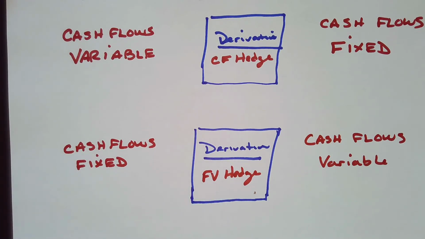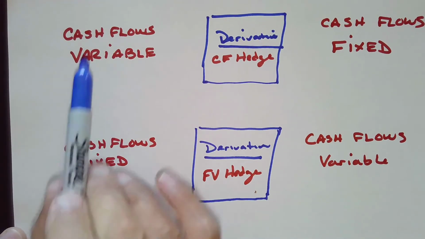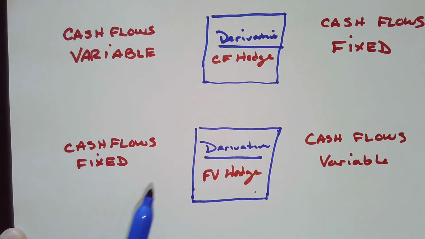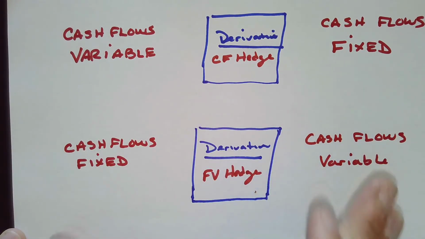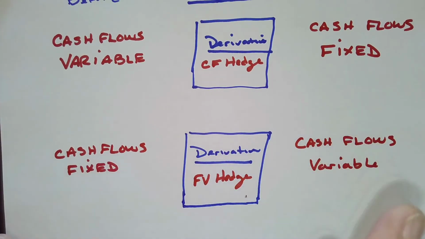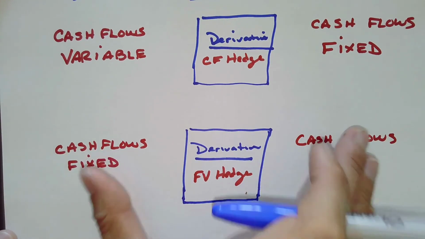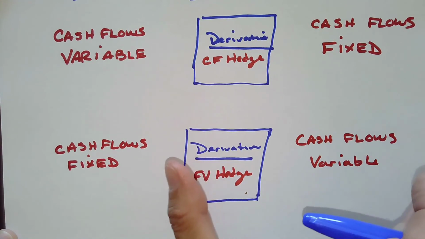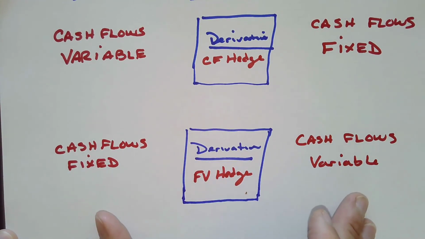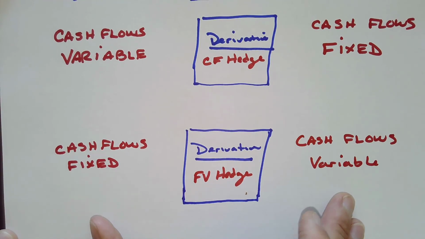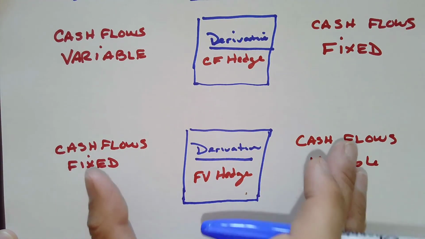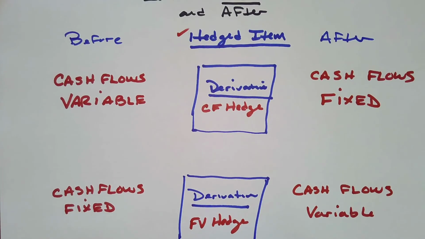Those are easy to see, because it doesn't matter what the cash flows are before and after. I'm trying to identify net assets being hedged by some kind of derivative. Or, in the case of hedging net asset risk, you can also hedge with a non-derivative instrument. We'll talk more about that as we get into foreign currency discussions.